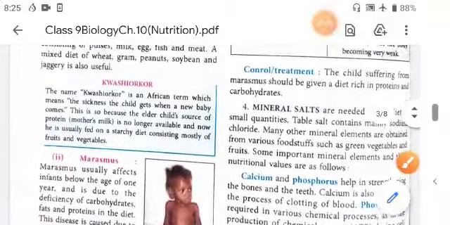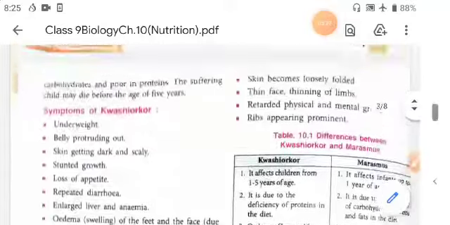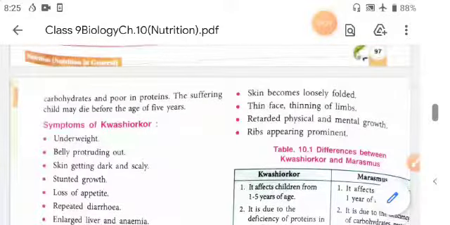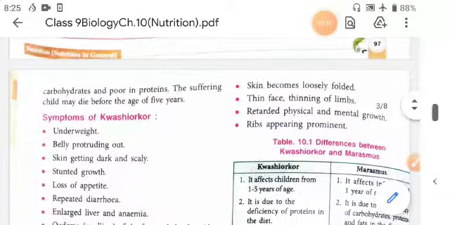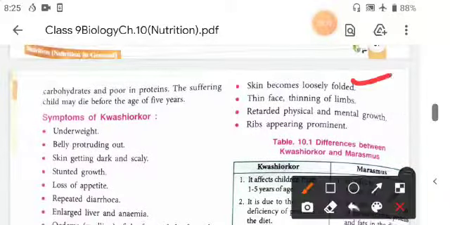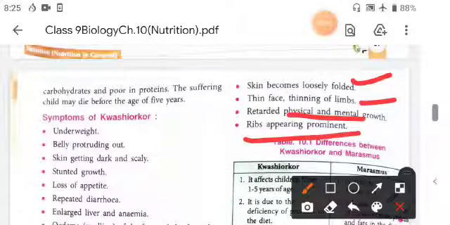The skin becomes loosely folded, the face becomes thin, there is thinning of limbs, and retarded physical and mental growth. That means their physical and mental growth will be retarded, and ribs appear prominent.